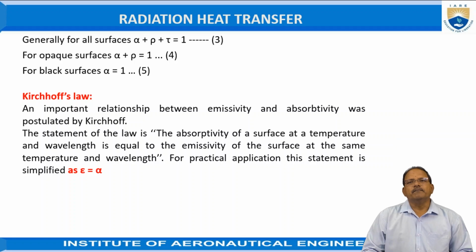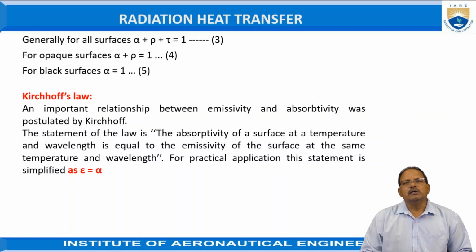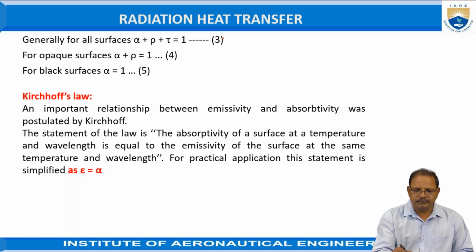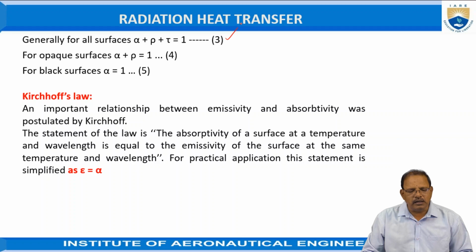So, the sum of the energy which is transmitted, absorbed or reflected should be equal to the total energy that is incident on the body. Hence, alpha plus rho plus tau equals 1. Already we discussed opaque surfaces.